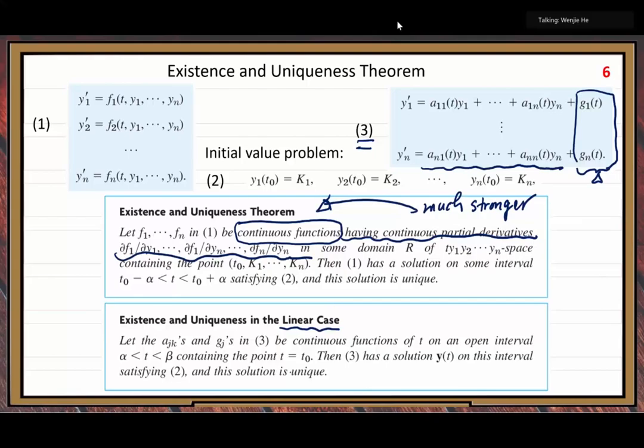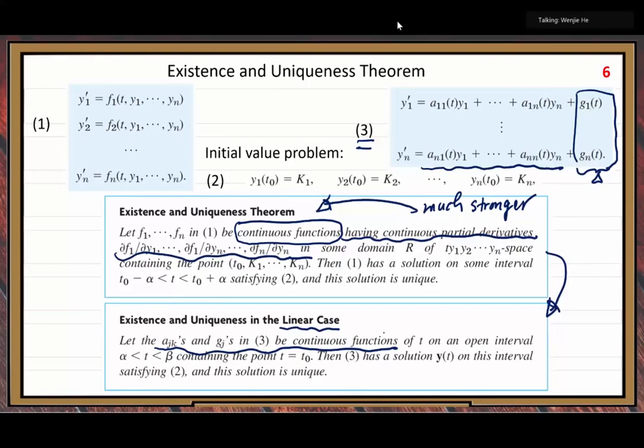For the second theorem, we just apply the first theorem, because when these functions are continuous, we can take partial derivatives easily, and they are still continuous.